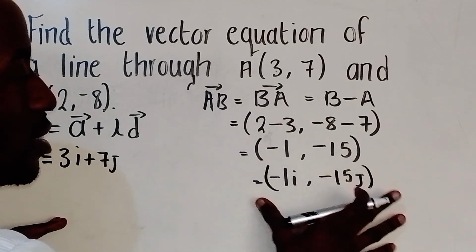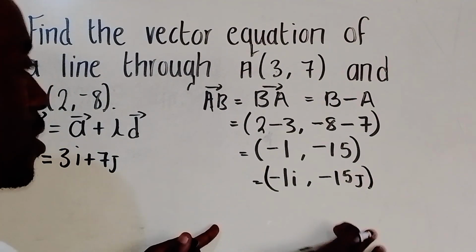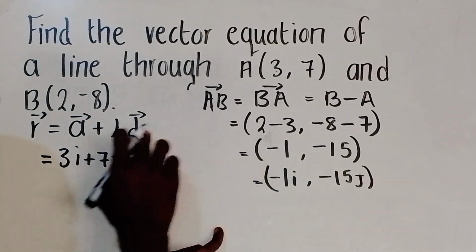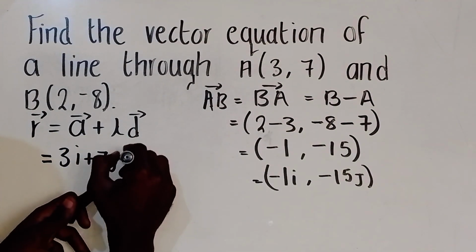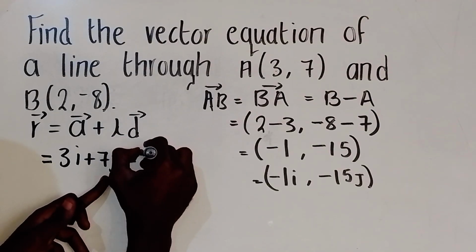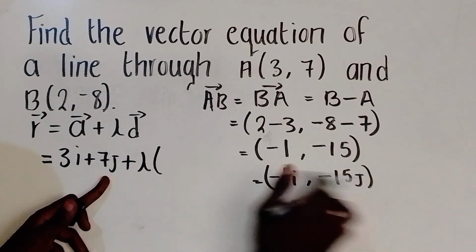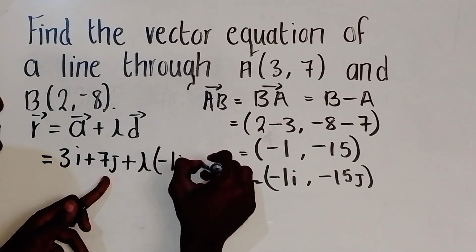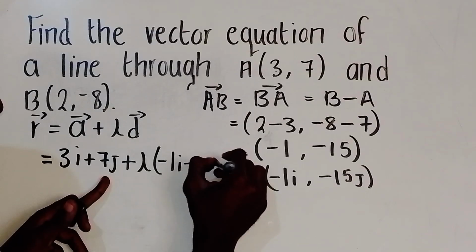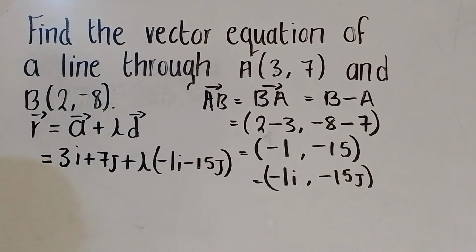So for this one, it is this one. Now remember, this here was representing the direction for d. So you get this one, you put now here. So you're going to say plus, you put the lambda, now you put this one. So negative 1i, negative 15j, like this.